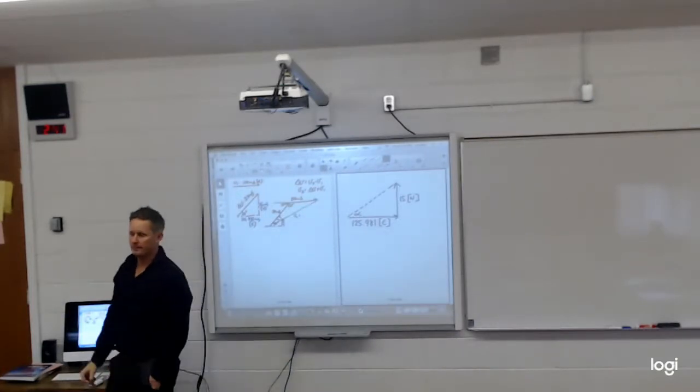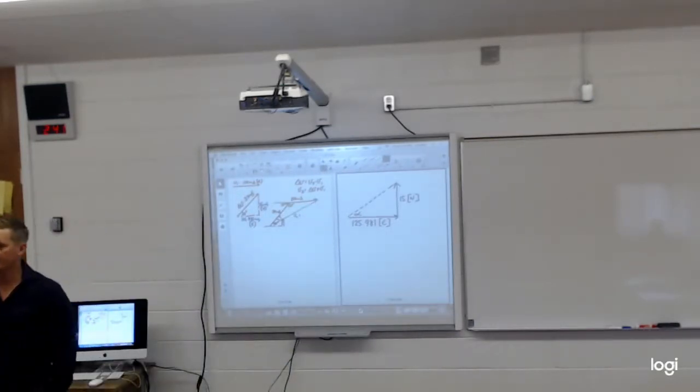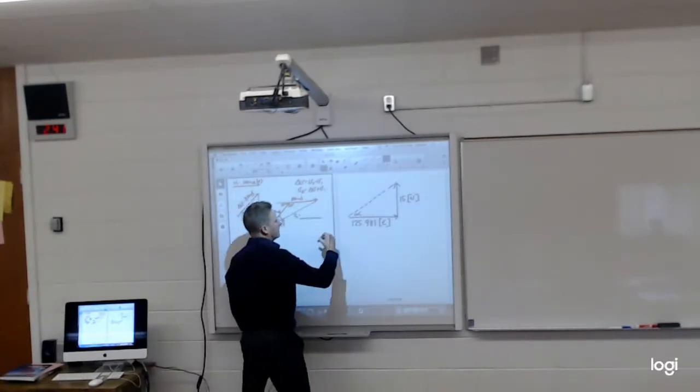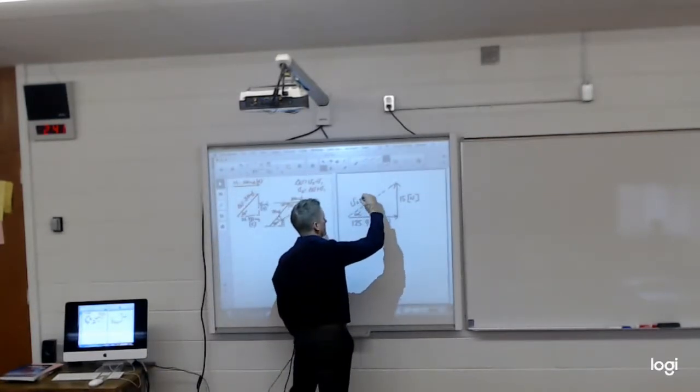So you know what? Probably easier to do it with the right triangle, wouldn't it be? Okay? And what I would calculate is I would get that value exactly the same as this value.